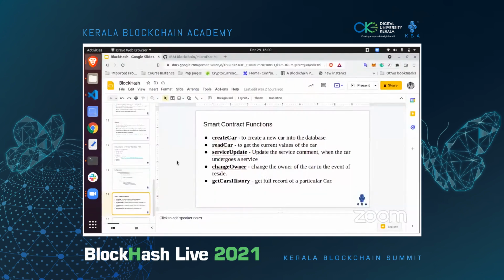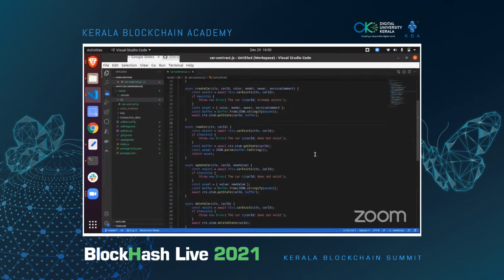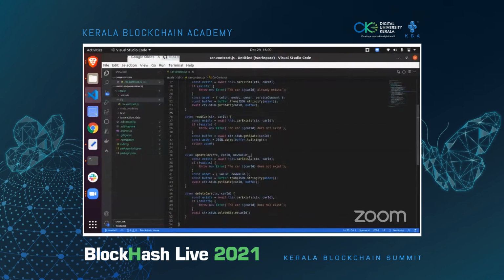And next, I guess we are running out of time. Read car: in the read car function, you have nothing to change. If you pass the car ID, it will just get the whole data. As I said, we need to convert everything to a buffer for the network. In the same way, vice versa, the network will send the data in a buffer state.